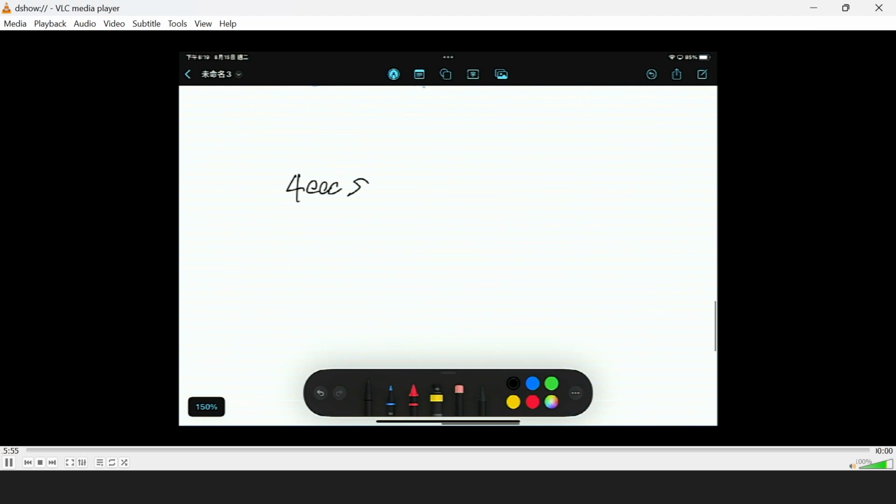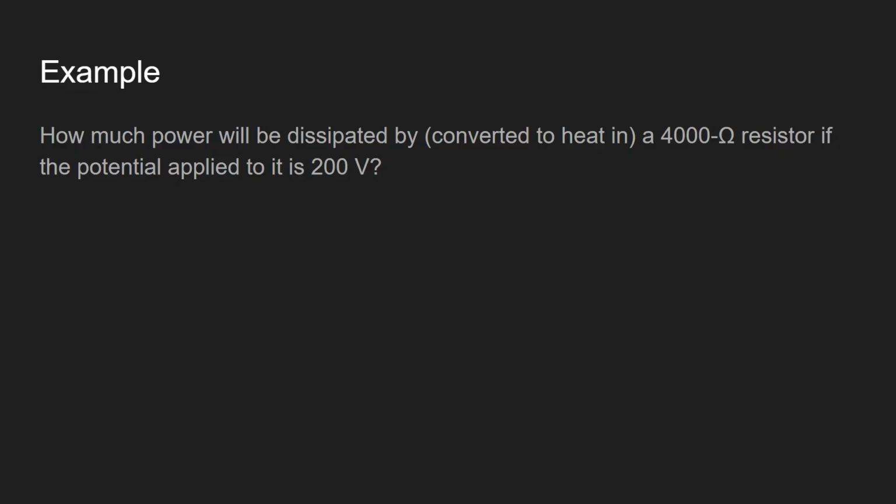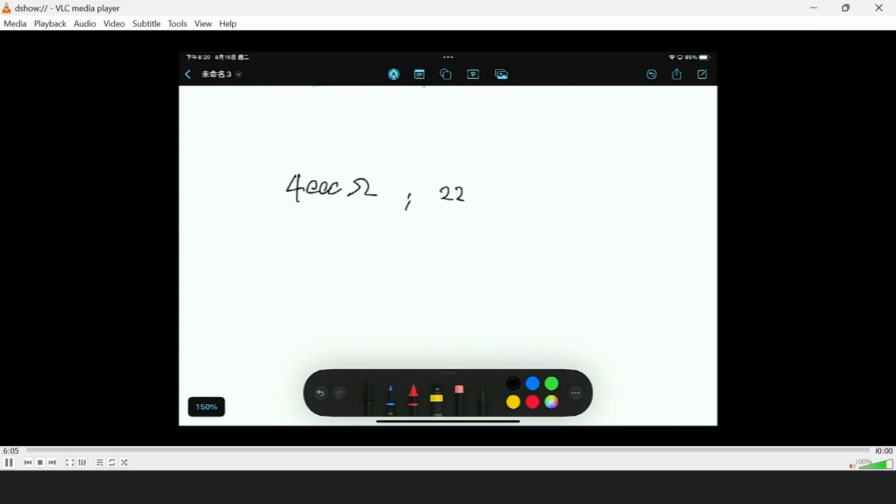4000 ohm and 200 volts. So first we have to use V equals IR, and actually this is a circuit like this.